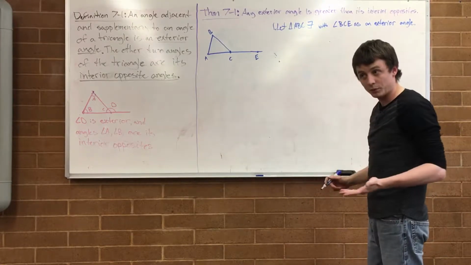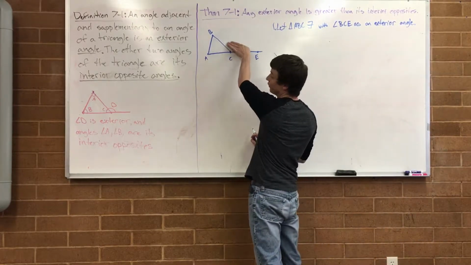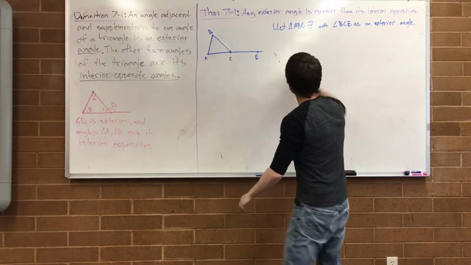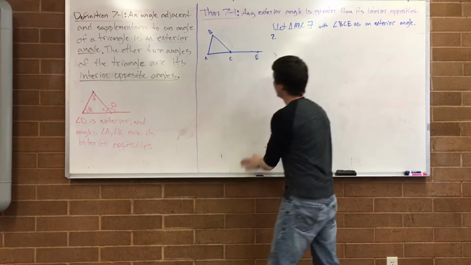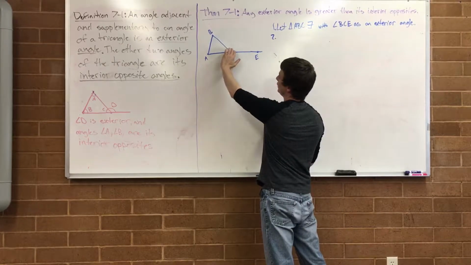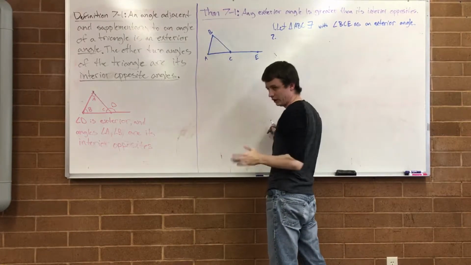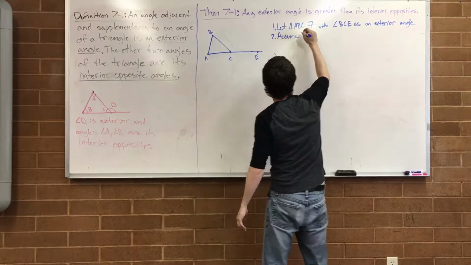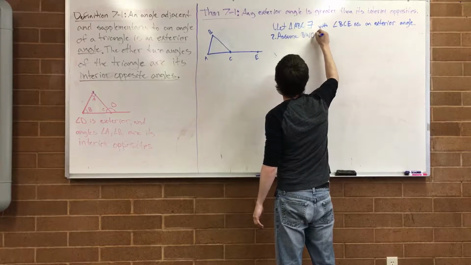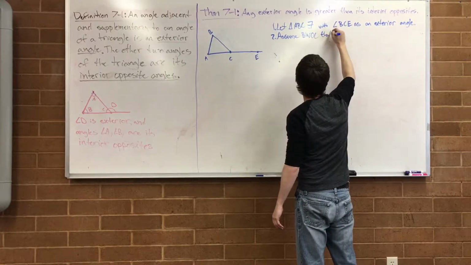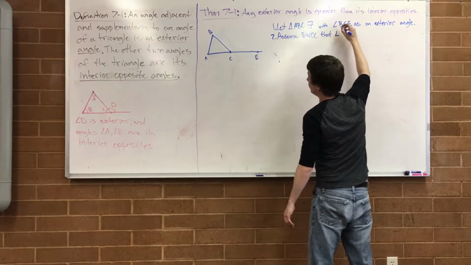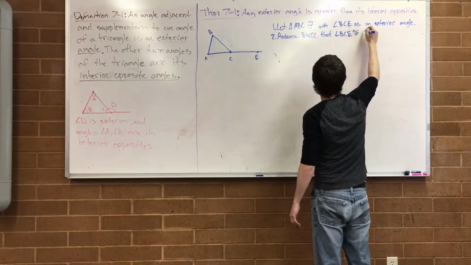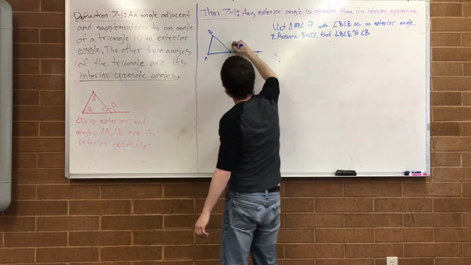All right, so remember what we're trying to do. We're trying to make a triangle over here congruent to a triangle over here. So, 2. But where did we start? We started by assuming that this was congruent to this and coming to a contradiction. So assume by way of contradiction that angle BCE is congruent to angle B, right?